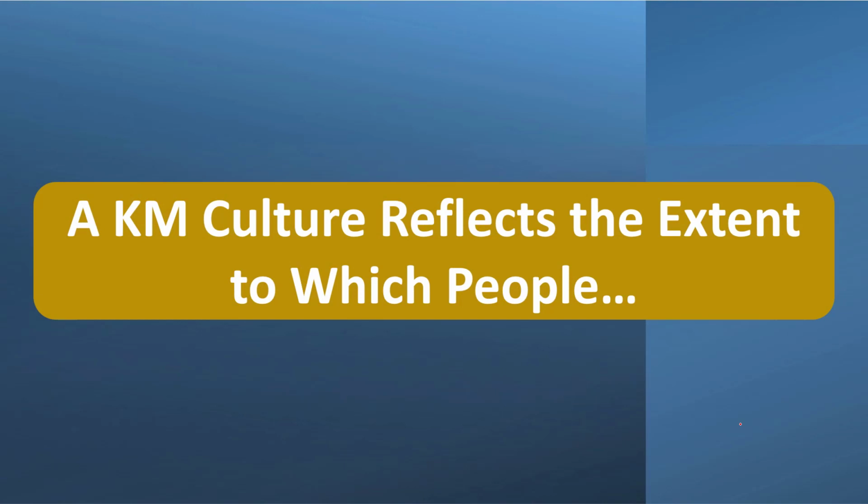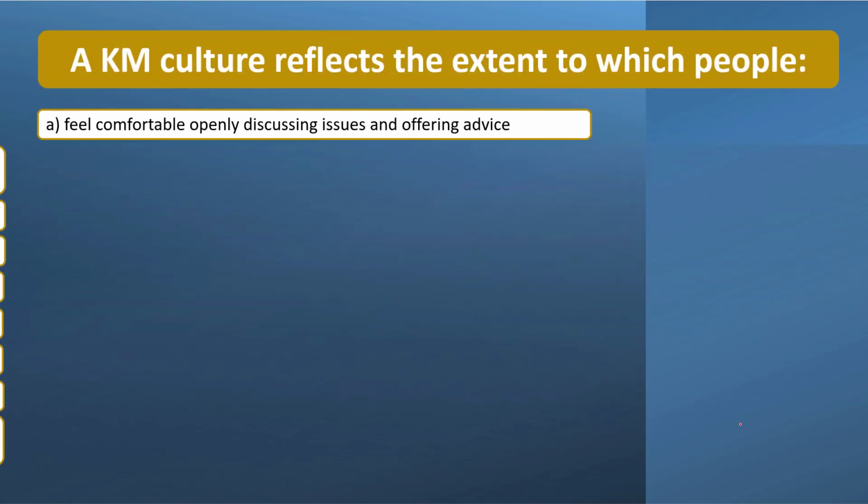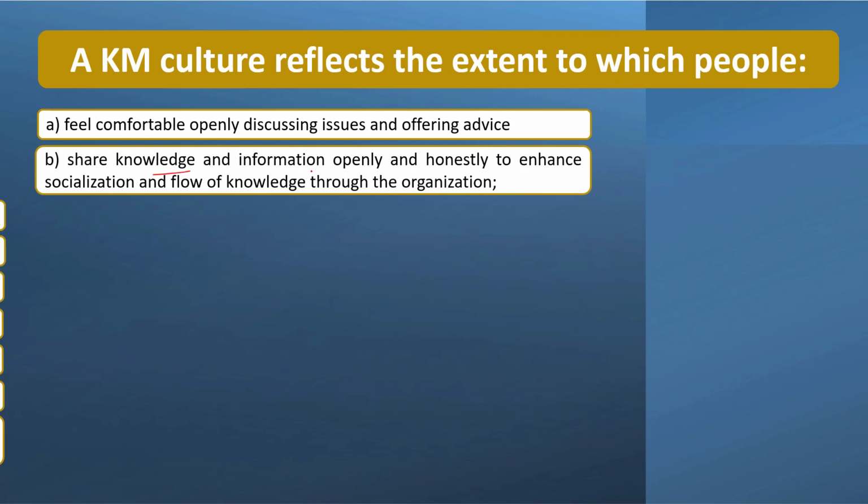So what benefits does a KM culture have for people of the organization? They feel comfortable openly discussing issues and offering advice. They share knowledge and information openly and honestly to enhance socialization and flow of knowledge through the organization.